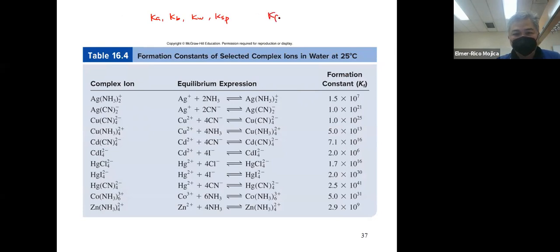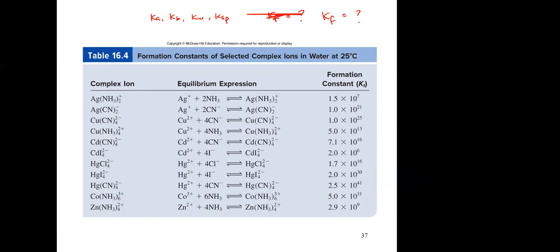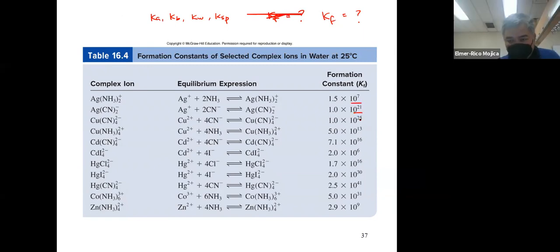What can you say about the Kf value? Anyone? Much larger. Yeah. Okay. So they are 10 to the positive number, not 10 to the negative as in the Ka, Kb, Kw, and Ksp.